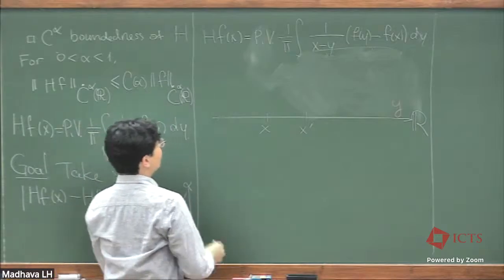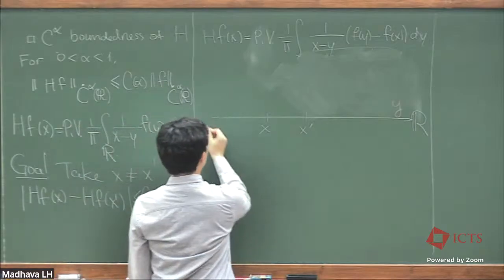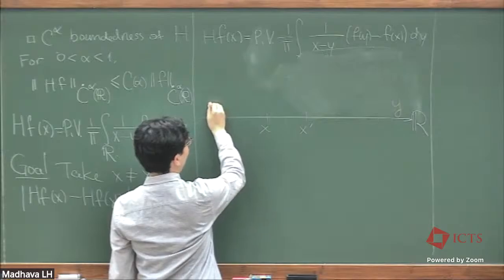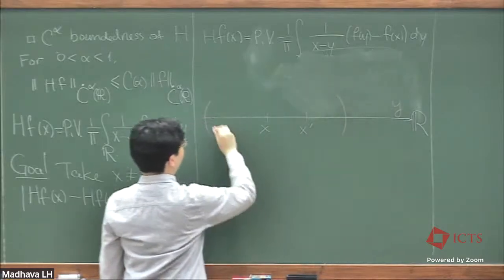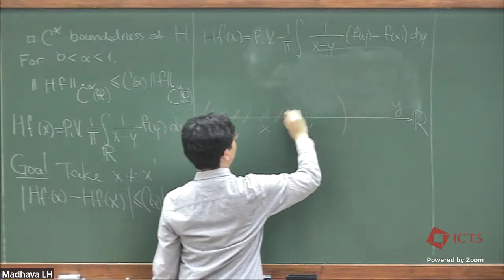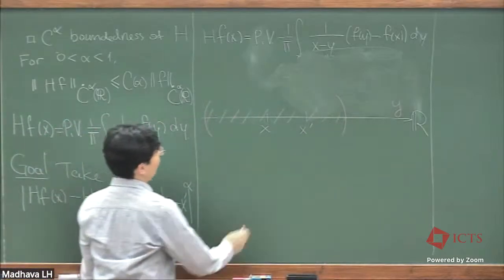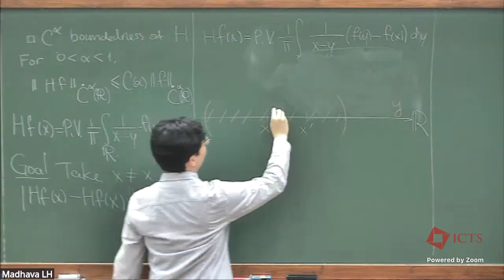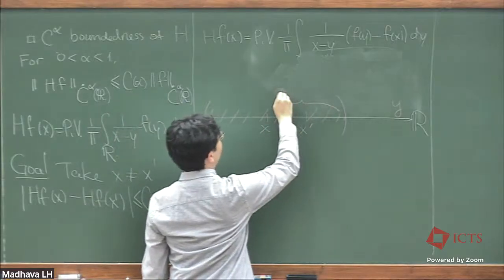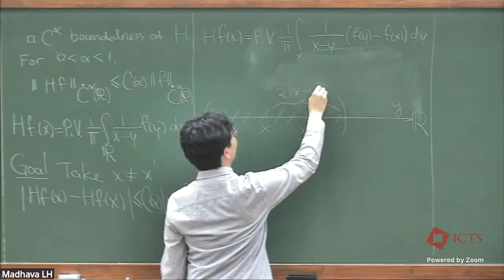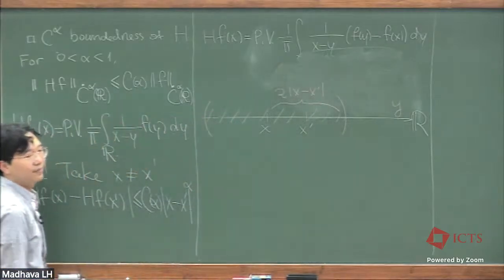And in the first step, we consider the interval like this, which is the interval centered at x and radius 2 times the distance.